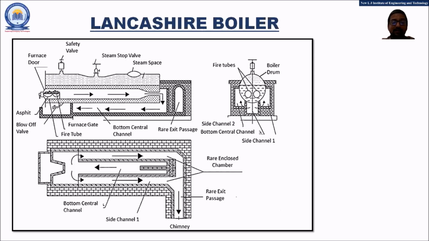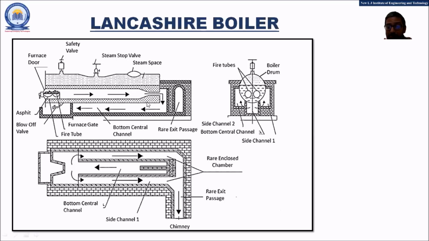So let us understand the working. You can see the grate which is provided in the MF, the main flue path. On the grate which is provided in the furnace, the combustion of the fuel will start and the hot gases will be generated. The hot gases will first be transferred through the main flue path. The main pipe is where it transfers first, shown by MF in your textbook.